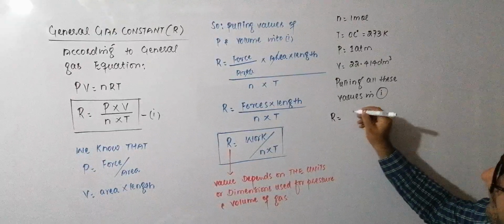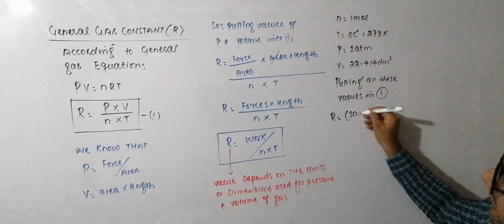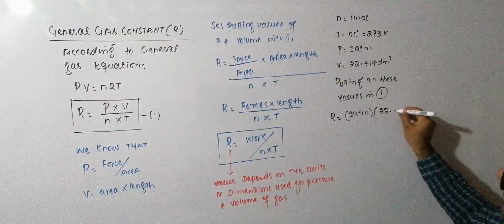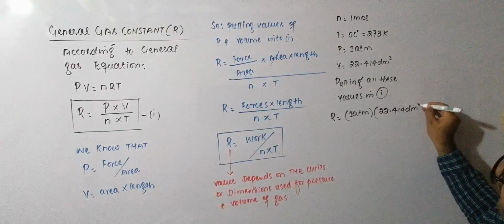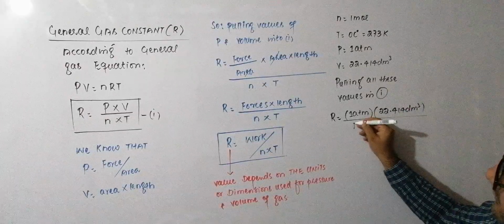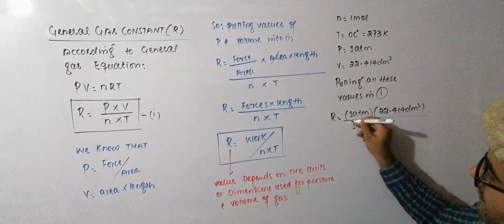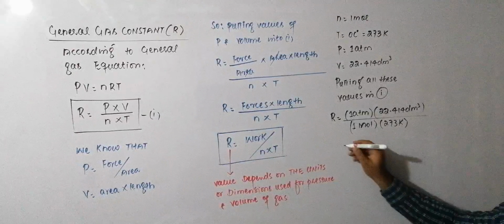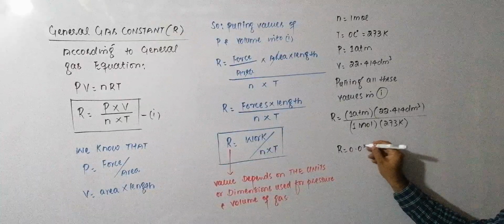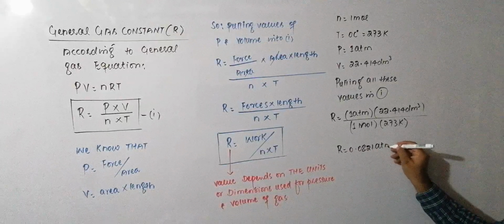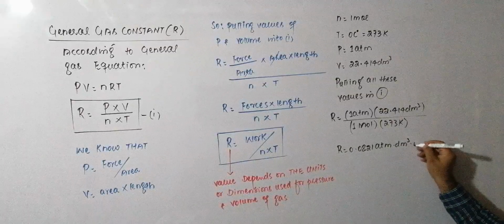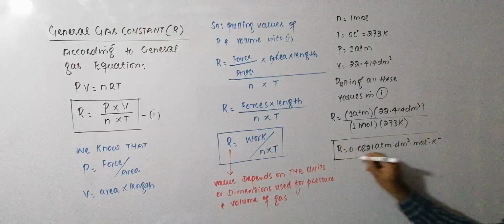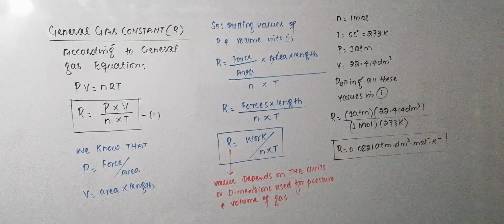R is equal to, pressure is 1 atm, volume is 22.414 decimeter cube, we have 1 mole of gas and temperature is 273 Kelvin. Now when it is solved, the value comes out to be 0.0821 atmosphere decimeter cube per mole per Kelvin. This one is the value of R which is most commonly used in numericals.